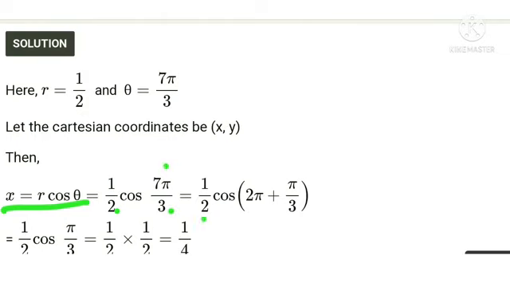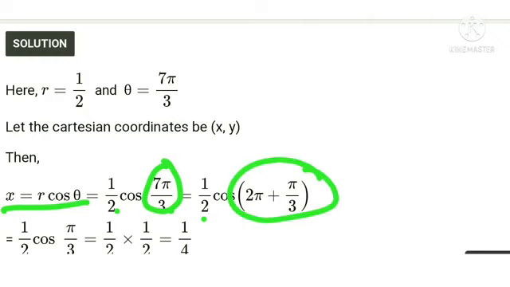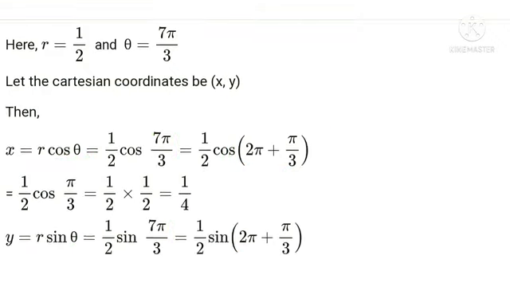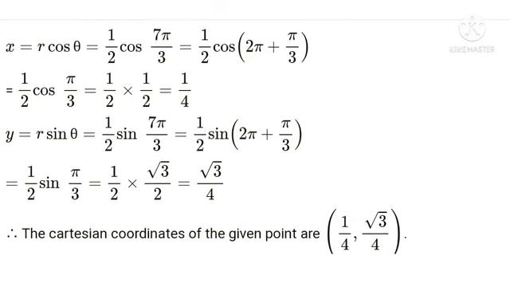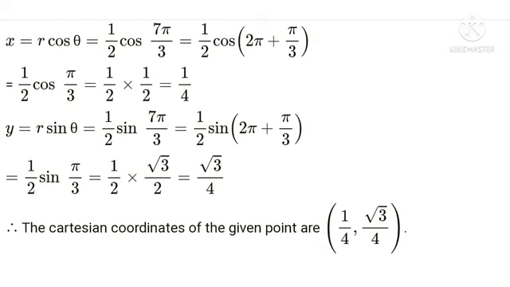We convert 7 pi by 3 as 2 pi plus pi by 3. Then put the value, you get 1 upon 2 into cos pi by 3. Cos pi by 3 is 1 upon 2. So we get x is equal to 1 by 4.